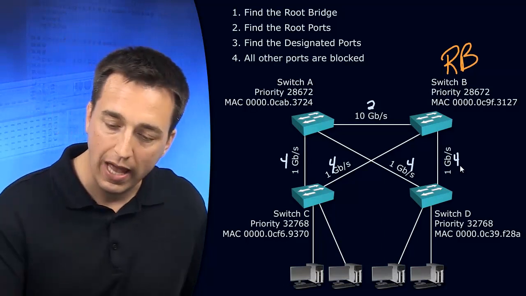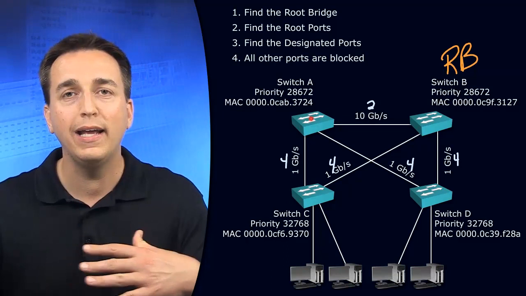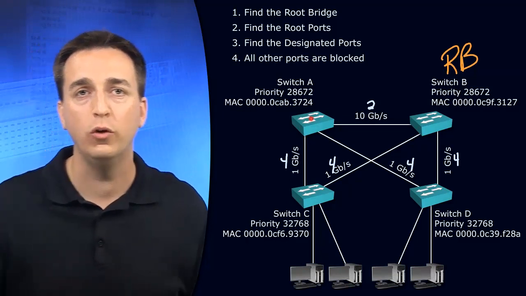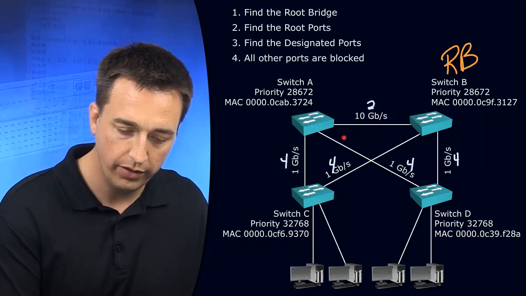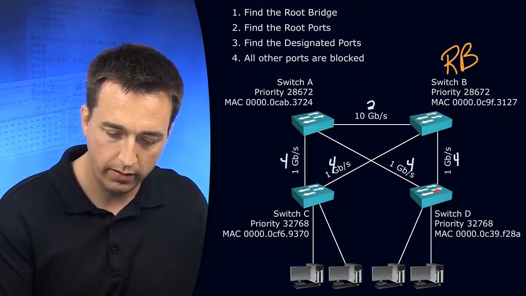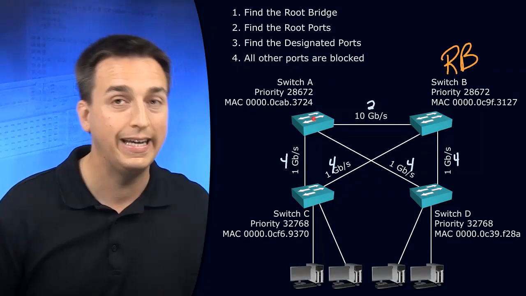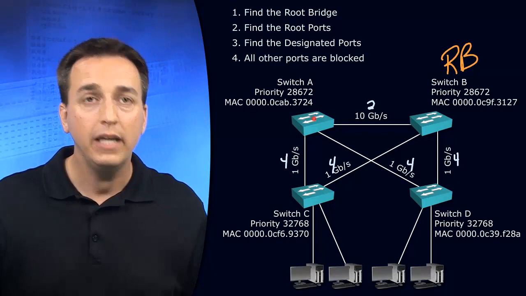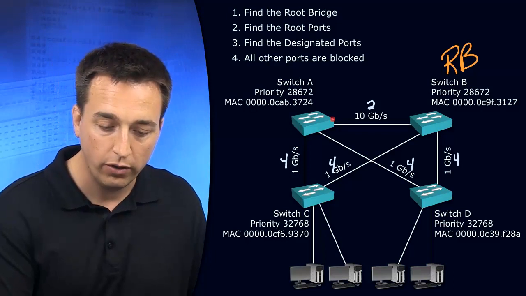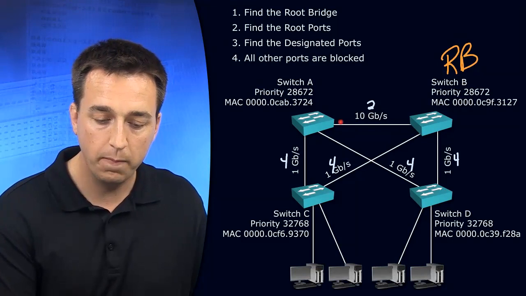So on switch A, which way is the shortest way to get to the root bridge? Is it this way, or is it this way? There are 3 different ways to get there. Just by eyeballing it, you can see that if we go straight across between switch A and B, it's a cost of 2.